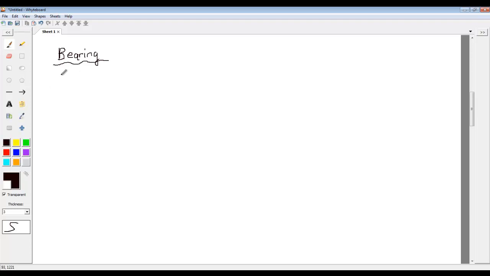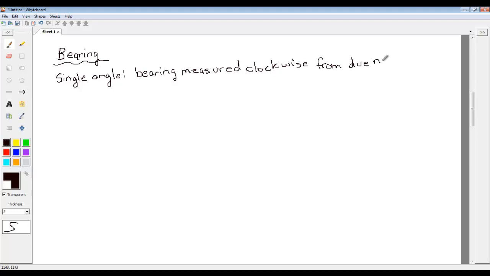If a single angle is given, that's understood that the bearing is measured in a clockwise direction from due north. So knowing that, that'll help us with bearing problems where they give you a single angle and that's it. Clockwise from due north.